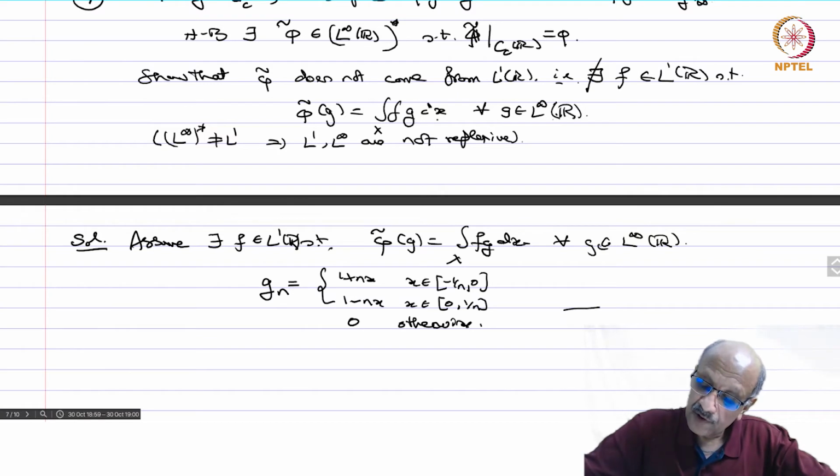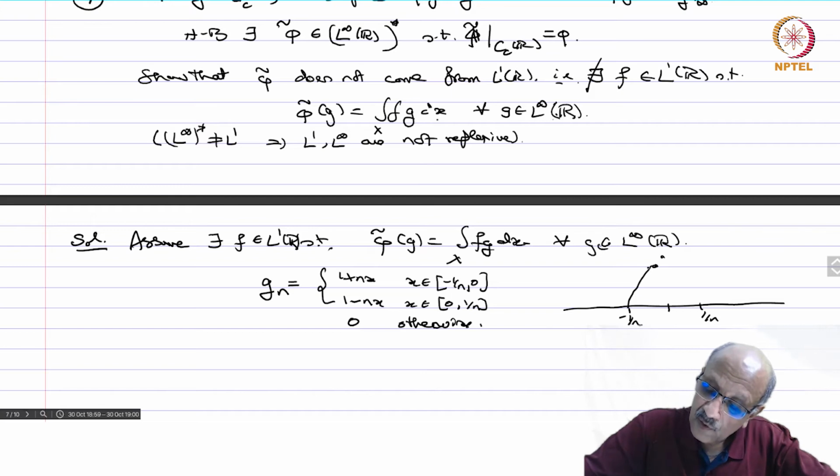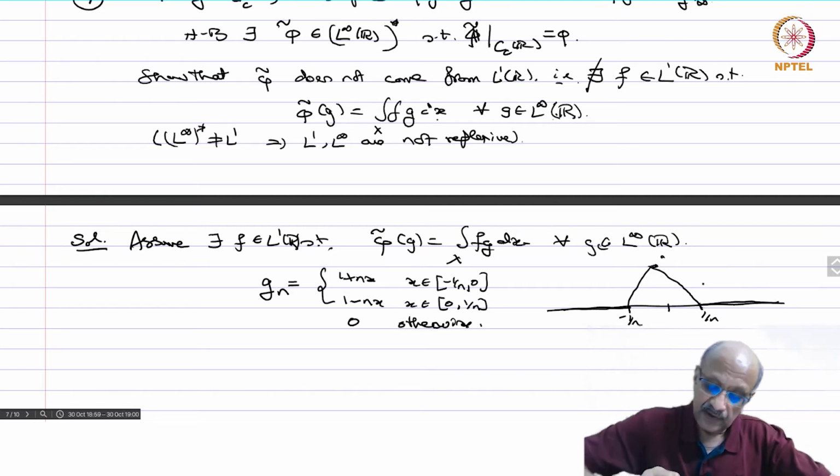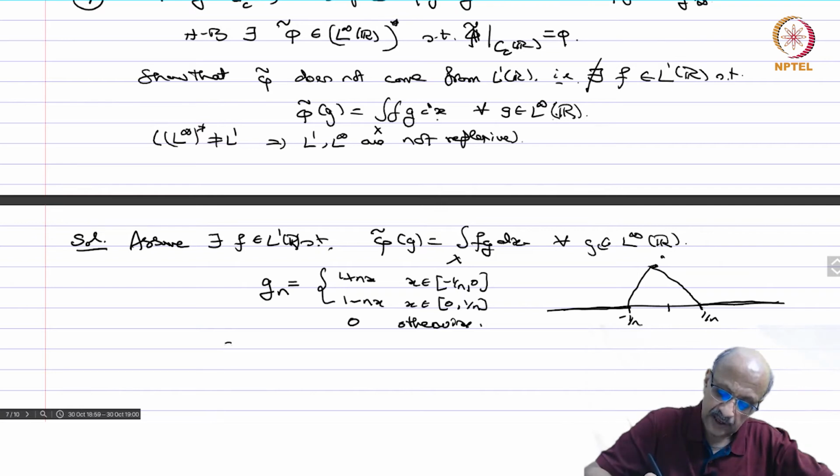So what is this function? This is a line, this is minus 1 by n and this is 1 by n. This is the value 1 here. So the function is a roof type function. It is 0 outside, and inside it takes this kind of value. Okay, so then g_n belongs to Cc of R.